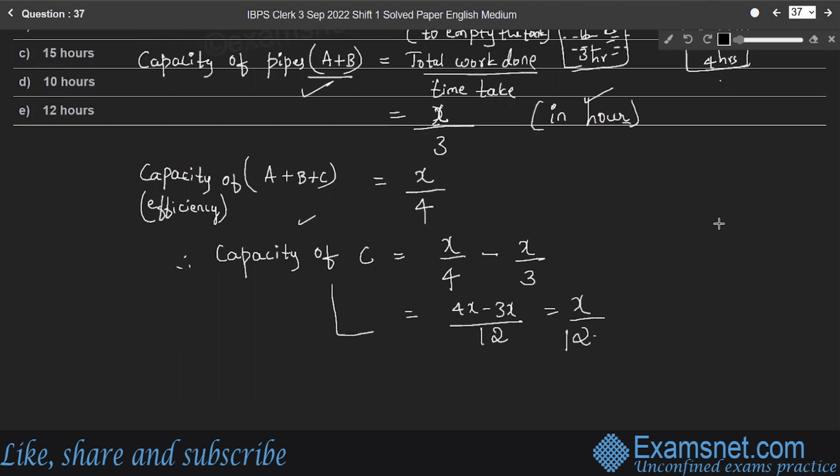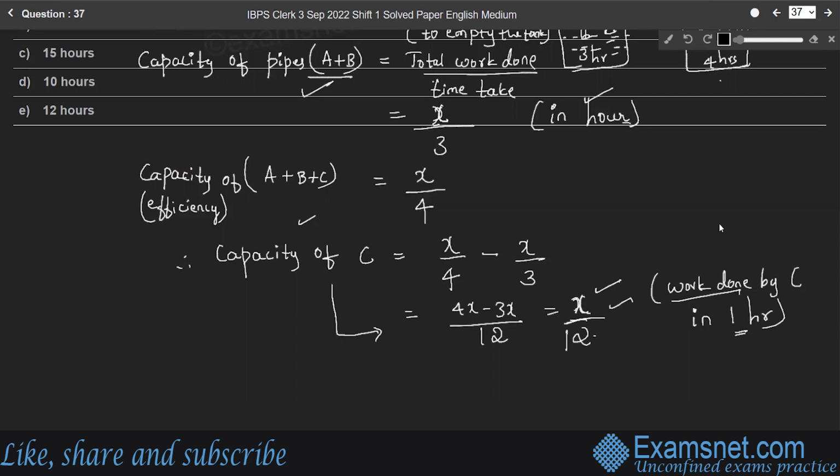So the capacity of C means the work done by C in 1 hour. So what is the work here? Filling the tank is the work done, right? So C can fill X by 12 amount in 1 hour, which means C can fill the whole tank in 12 hours.